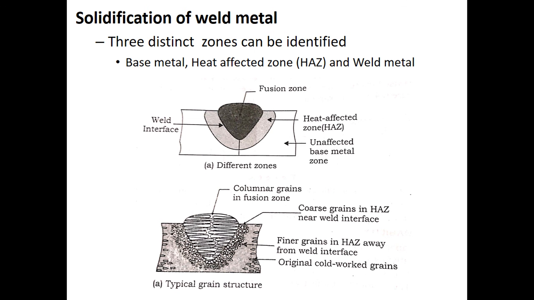You know that the heat flow will be downwards, and the columnar grains have grown horizontally. So in general, the weld metal has a cast structure having coarse grains.